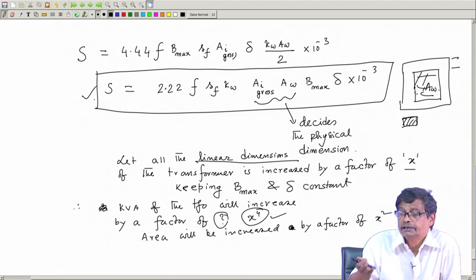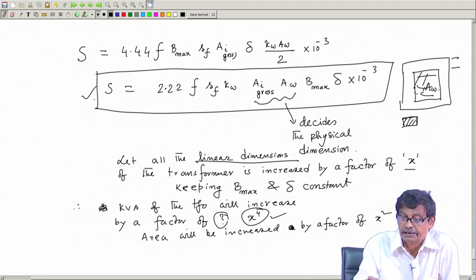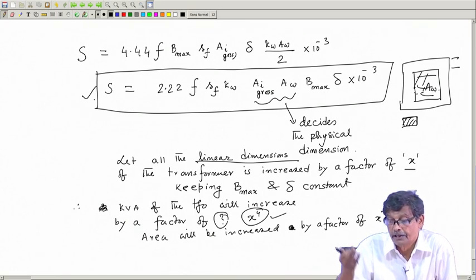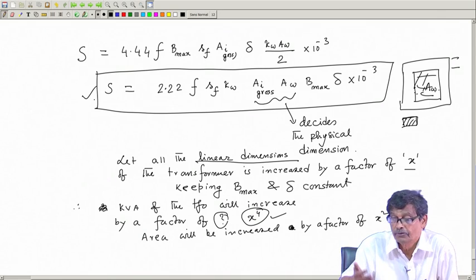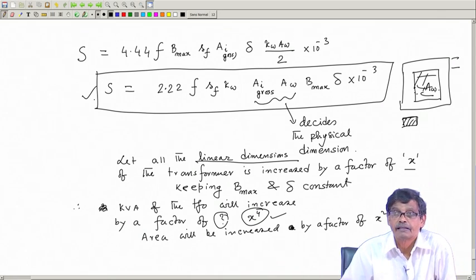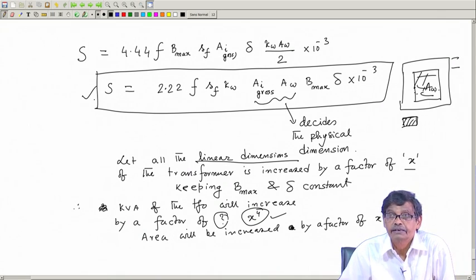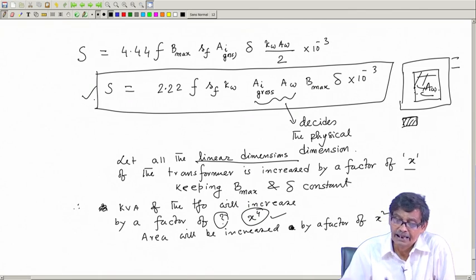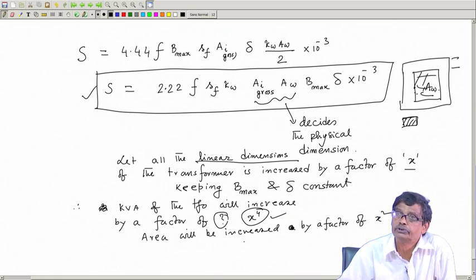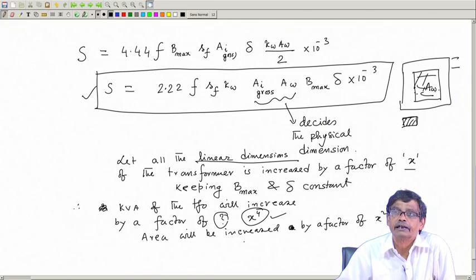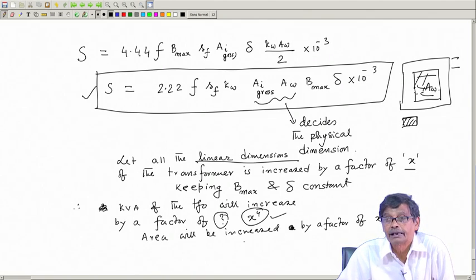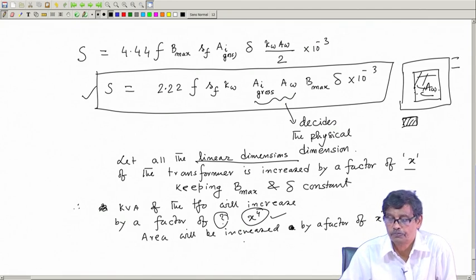You increase the physical dimensions of the transformer, then you see size, kVA ratings will increase by a factor of x to the power 4, giving you a large kVA rating. Then at least I know this much, area will be increased by a factor of x square. In our next class, I will show you that the losses in the transformer, that is copper loss and iron loss, will increase by a factor of x cube. Okay?